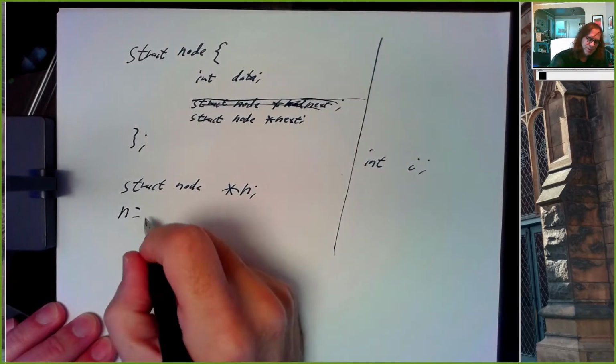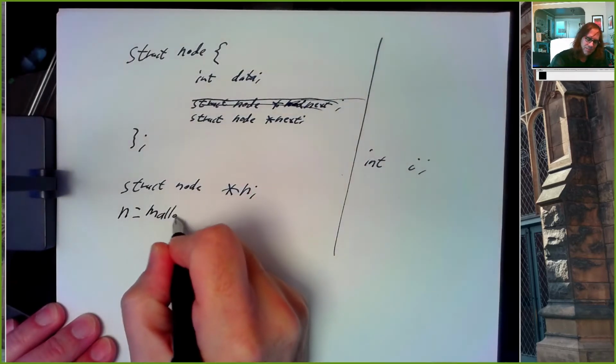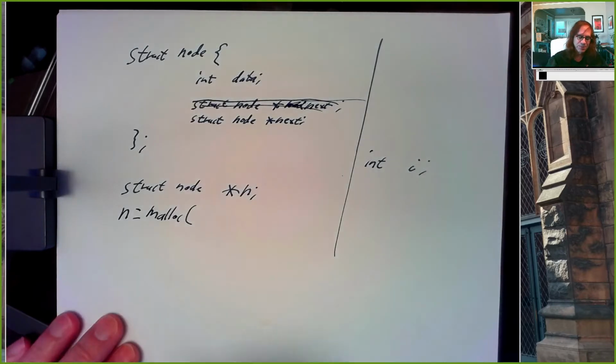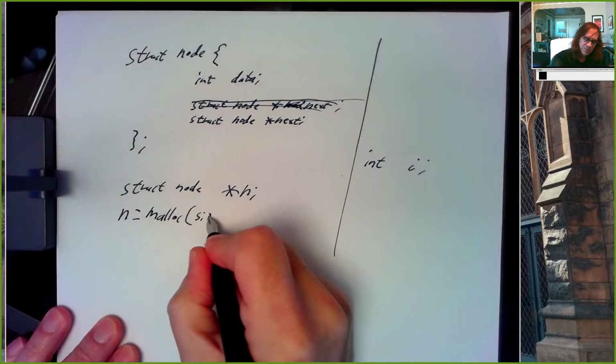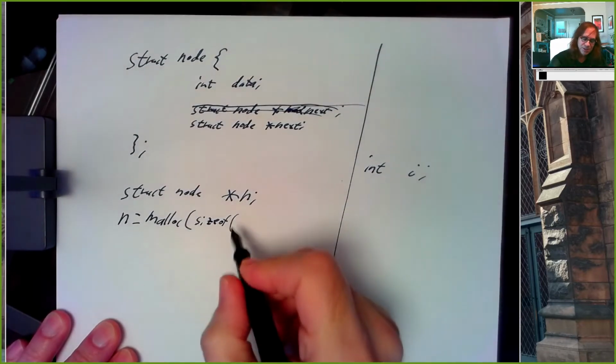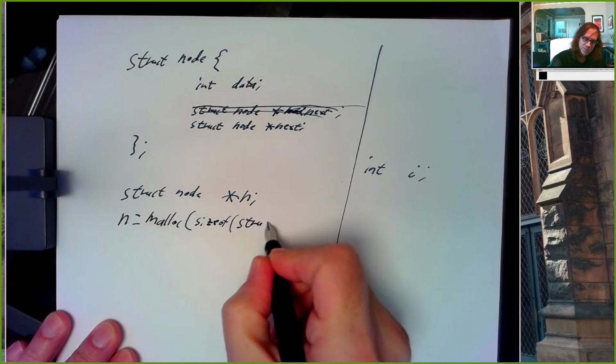And the main way we do that is malloc. So we say malloc and we tell it how many bytes we want, and we don't put in magic numbers here. We say sizeof the type of thing that this is pointing to, which for us is a struct node.